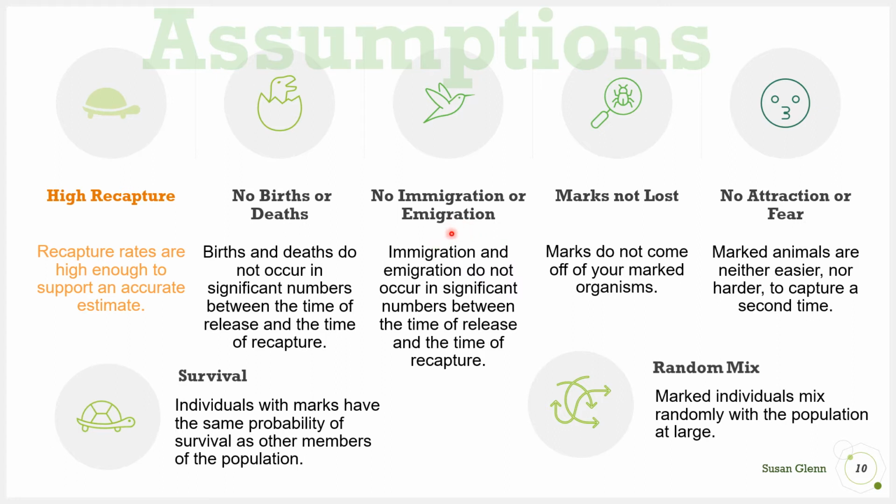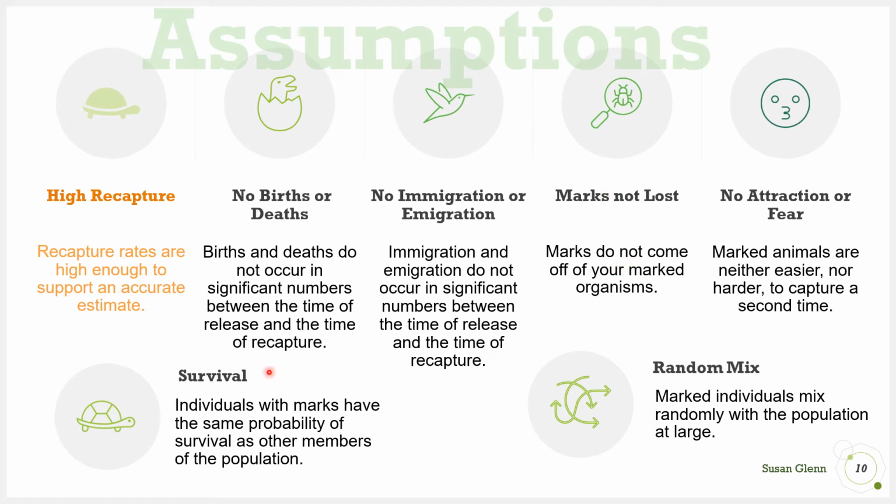We also assume that the marks aren't lost, so that they haven't lost their ear tags, or let's say you had marked the shell of an insect and it has then molted that shell, or you've marked something that has the mark come off when it rains or something like that.